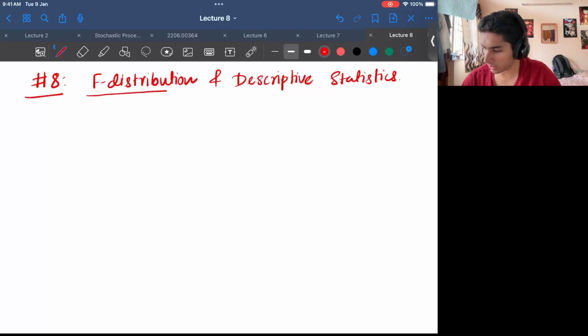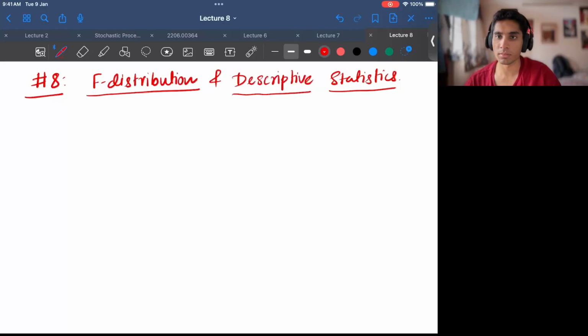But before that, I would like to give some overview of what F distribution is, its certain properties that we are going to need today and all those stuff. Okay, so this is fine.